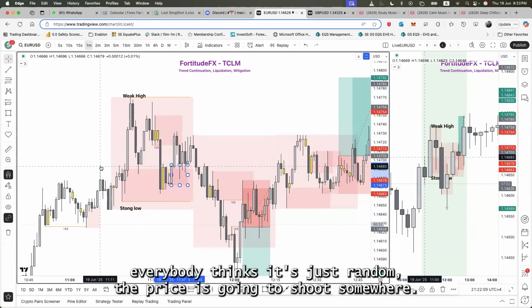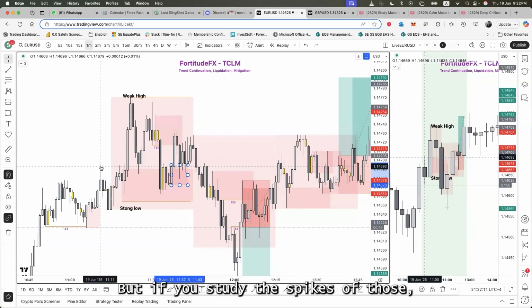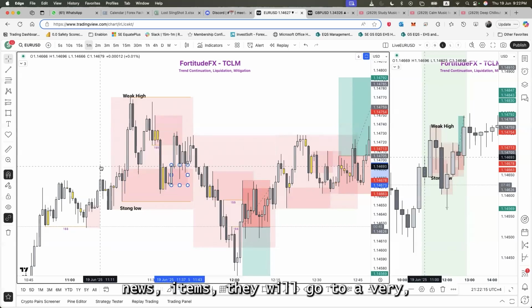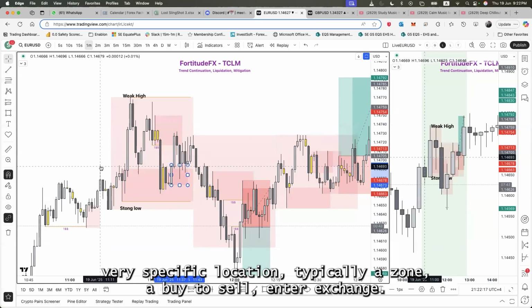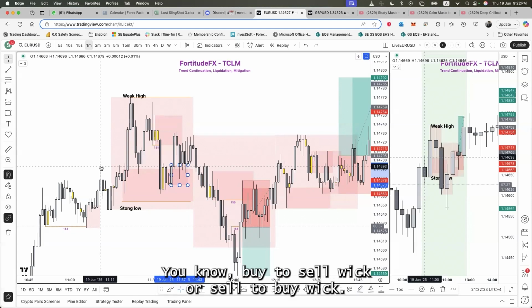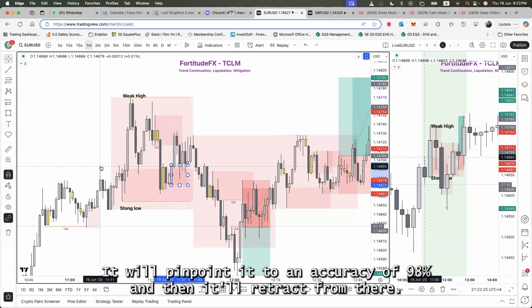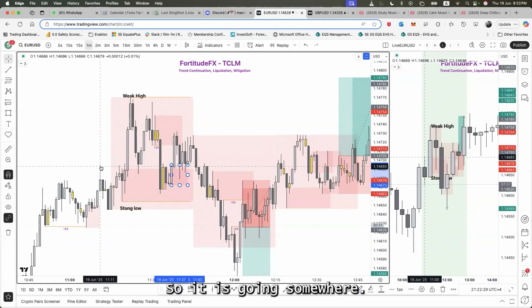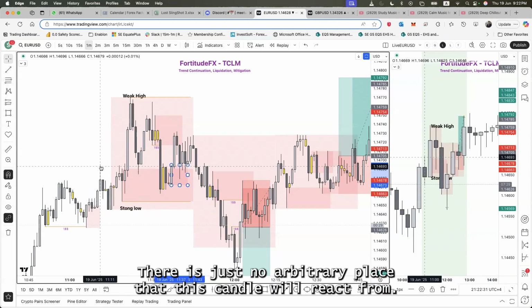The price is going to shoot somewhere. But if you study the spikes of those news items, they will go to a very, very specific location, typically a zone, a buy to sell inter-exchange, a buy to sell wick or sell to buy wick. It'll pinpoint it to an accuracy of 98%, and then it'll retract from there. So it is going somewhere. There is just no arbitrary place that this candle will react from.